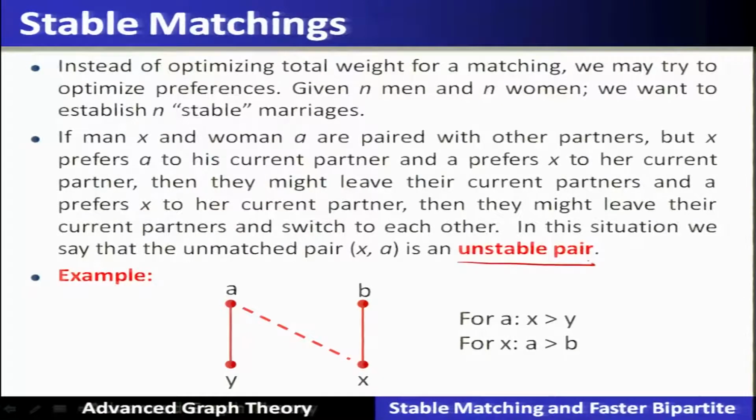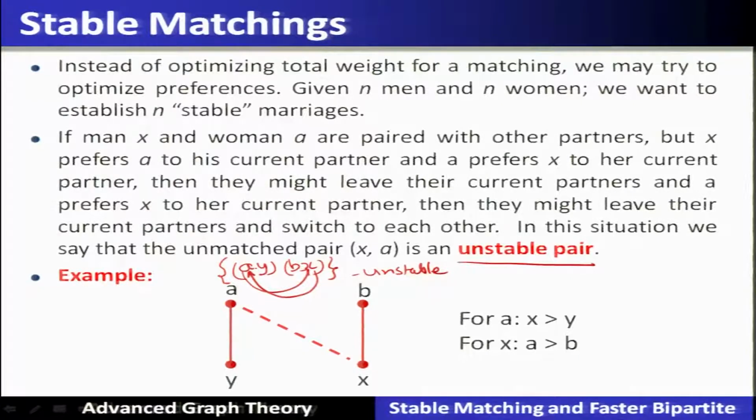So, here we are given a pairing AY and BX, and we say that this particular pair is unstable if A prefers X and B prefers Y. Or we can also say that if A prefers X and X also prefers A, then this will be an unstable pair.